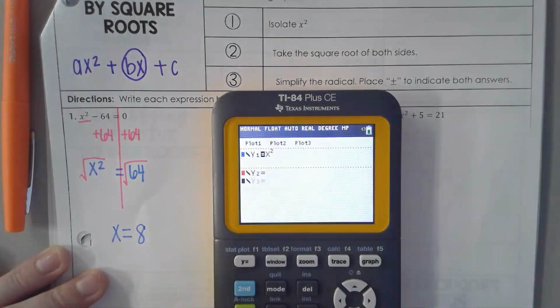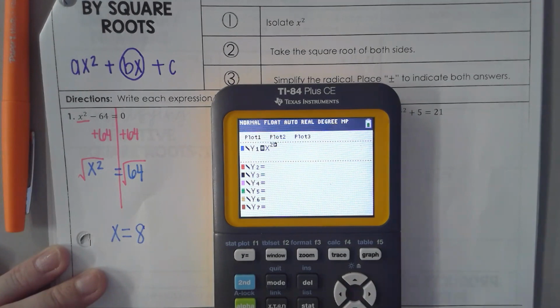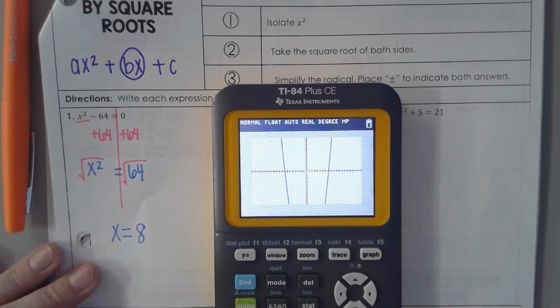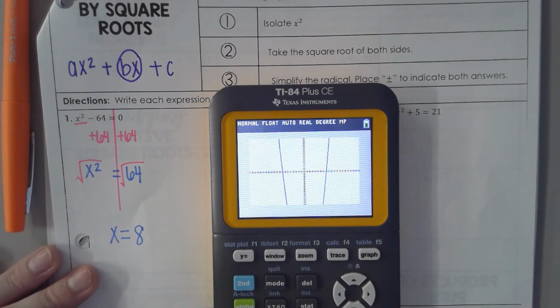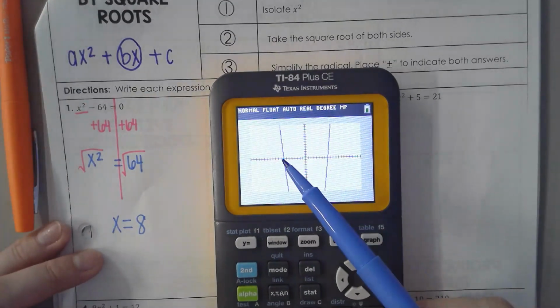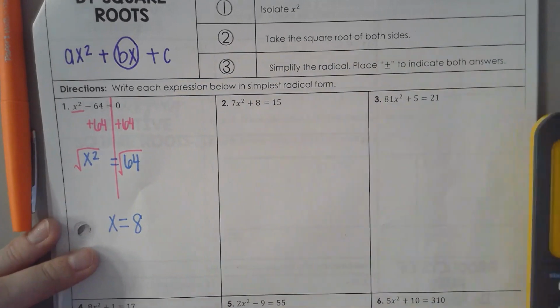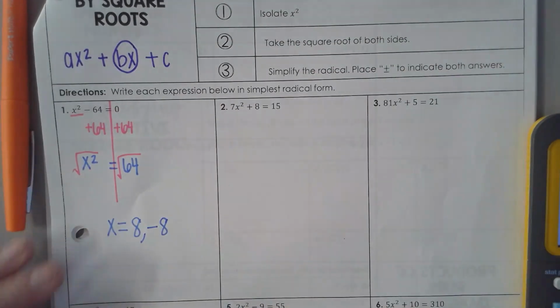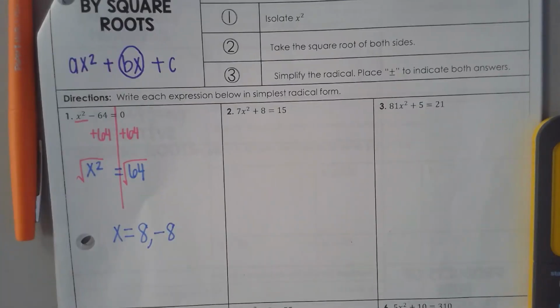Quadratics. I'm going to show you a graph. Where does it look like it crosses at? This is positive 8. That's negative 8. When we do quadratics, you have to include the positive and the negative.